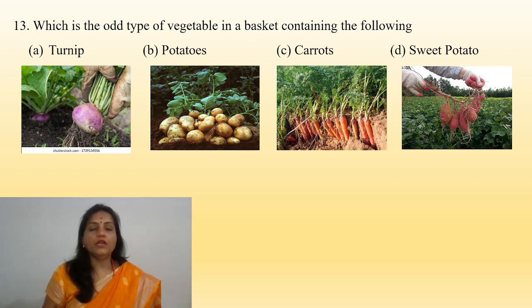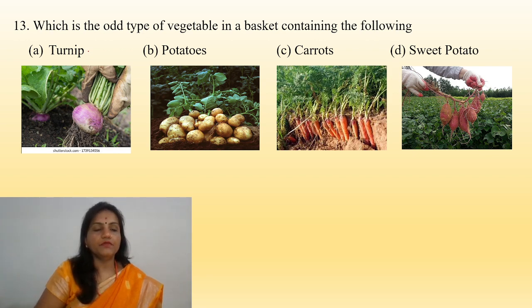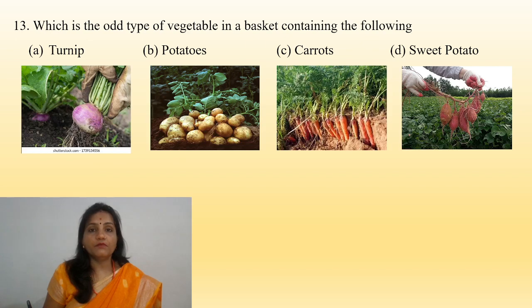Which is the odd type of vegetable in a basket containing the following? We have turnip, potatoes, carrots, sweet potatoes. See, all look similar. These are all modifications for the purpose of storage of food.